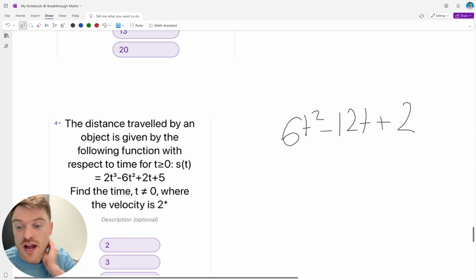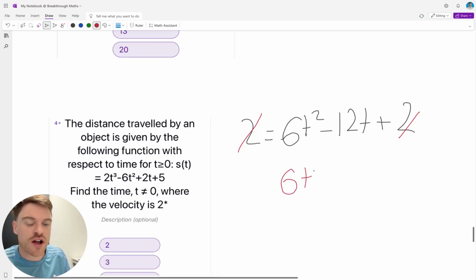Now find the time where the velocity is 2. Speed or velocity, same thing. Just put it equal to 2. The 2s cancel off, so you get 6t squared minus 12t is equal to 0.